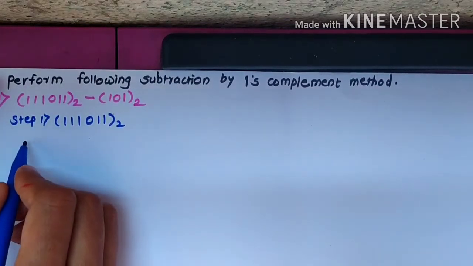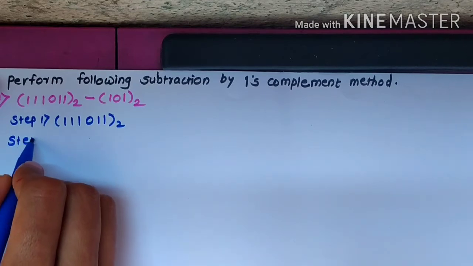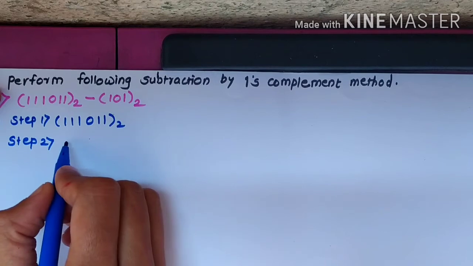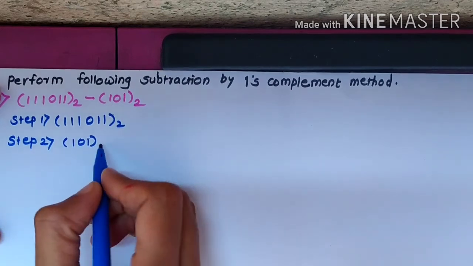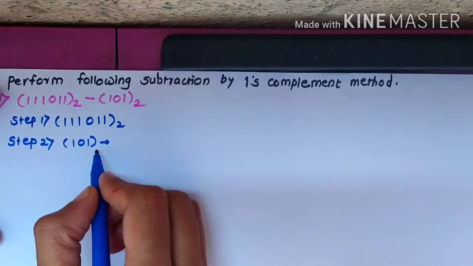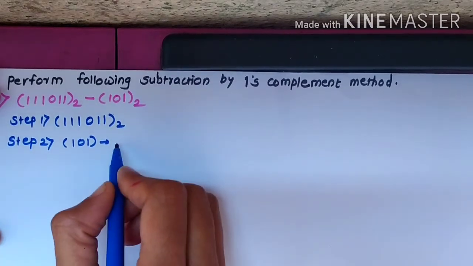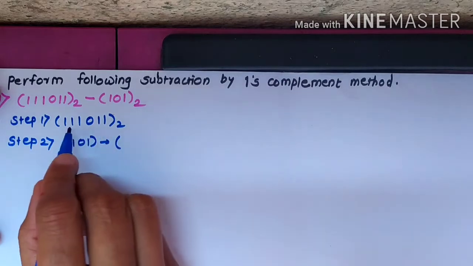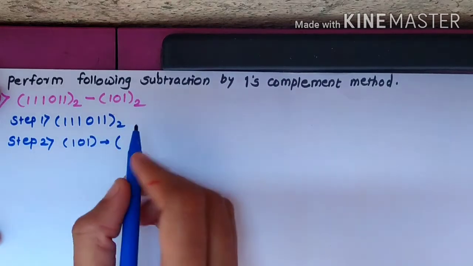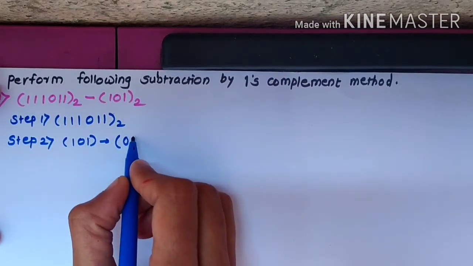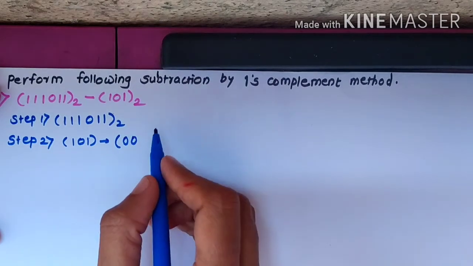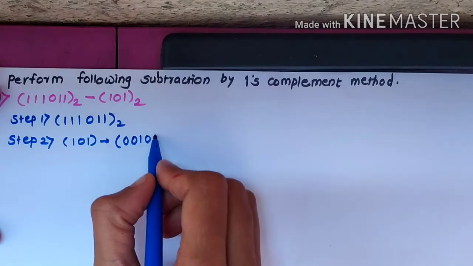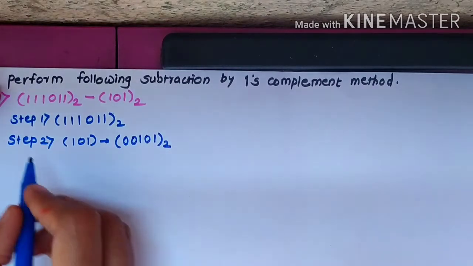What about step 2? Here only 101 is given. So by writing zeros to the left side, we have to make it 5 bit. So we add only 2 zeros: 00101. So we'll get the correct 5 bit data.